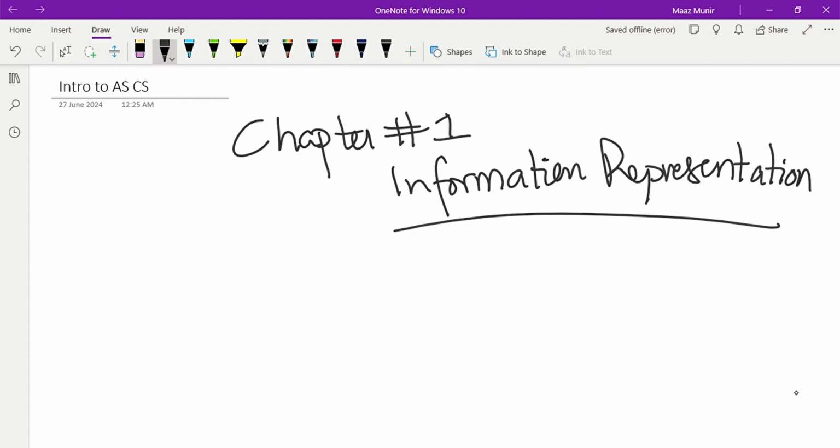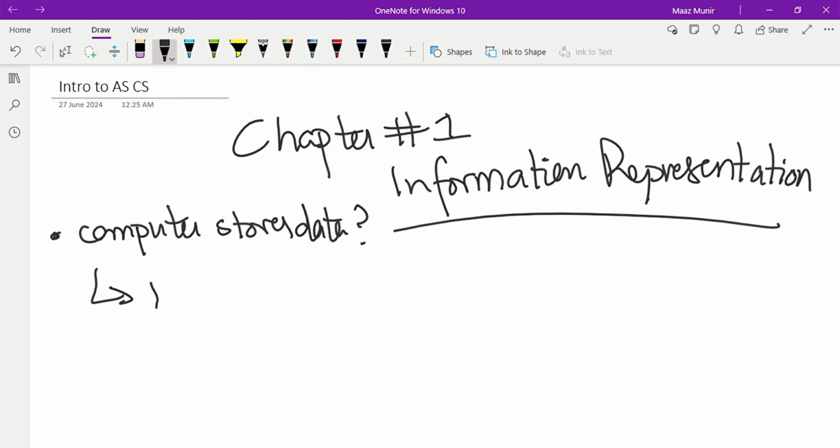In this chapter, we are going to be studying some of the key contents about how a computer stores data. It's really an important question: how does a computer store data? We are going to be studying the number systems which a computer uses to store the data.